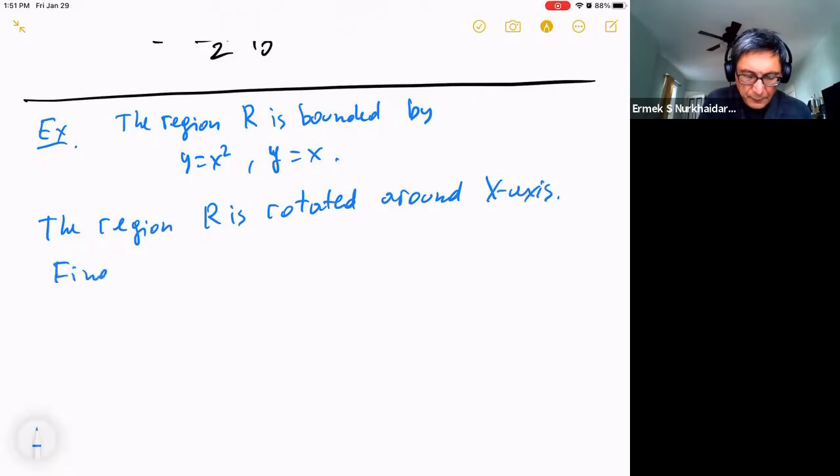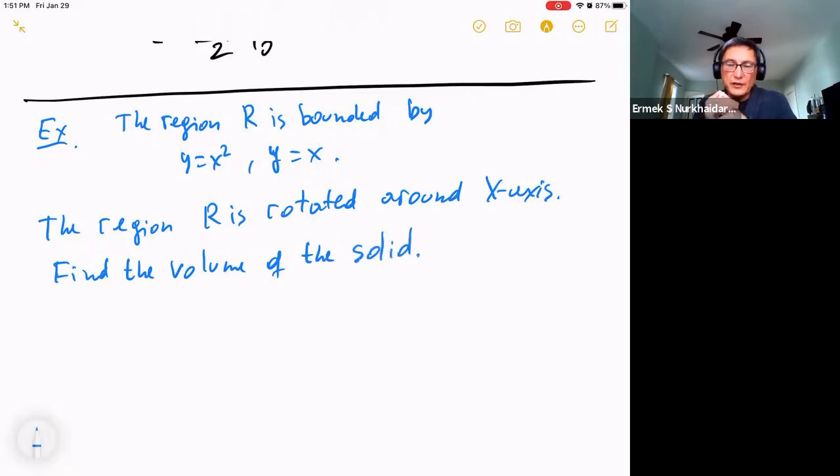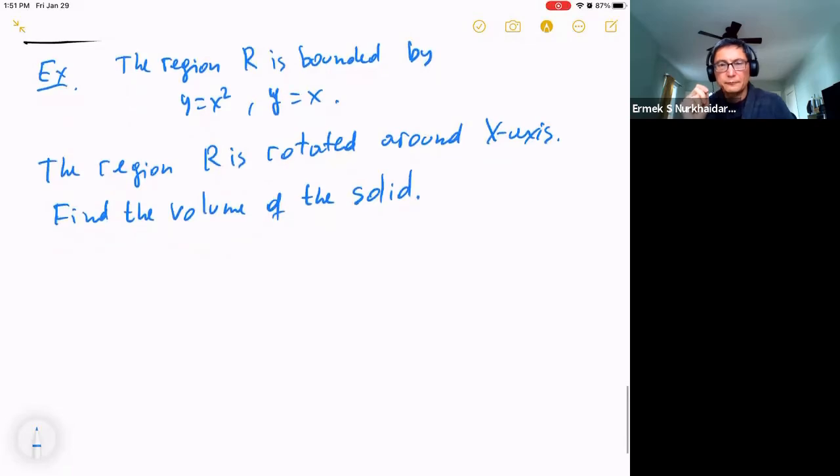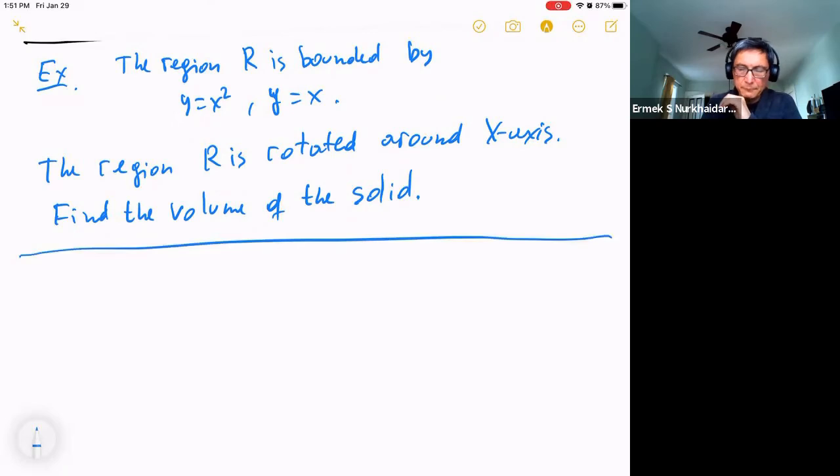Find the volume of the solid, or the solid of rotation when R is rotated around the x-axis. Okay. There are a couple of ways we can address the situation. Okay.